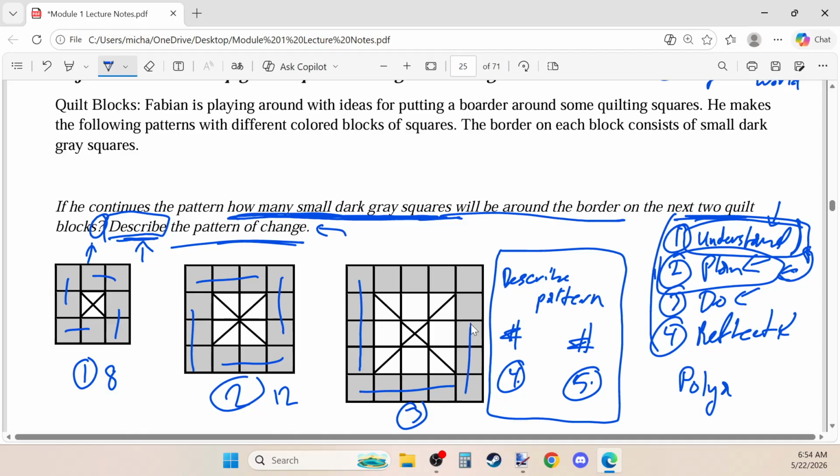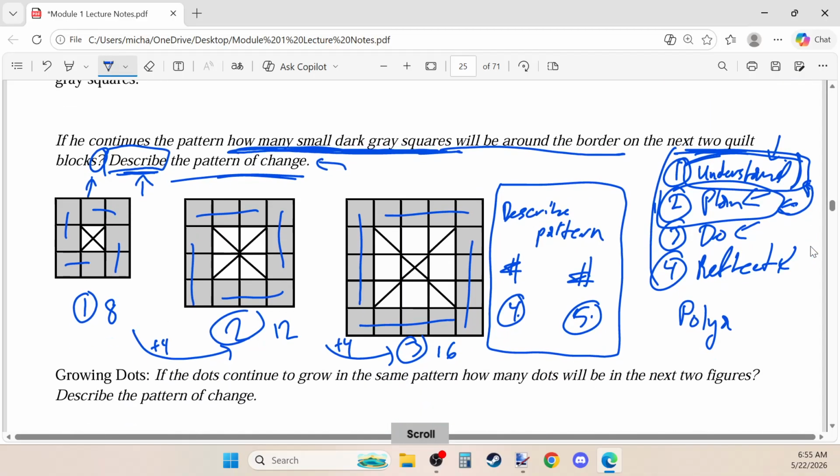I have 4 groups of 4 blocks here. So I have 8, 12, and 16 blocks so far. So do I see any patterns? I see that it goes up by 4. So I think it goes up by 4.